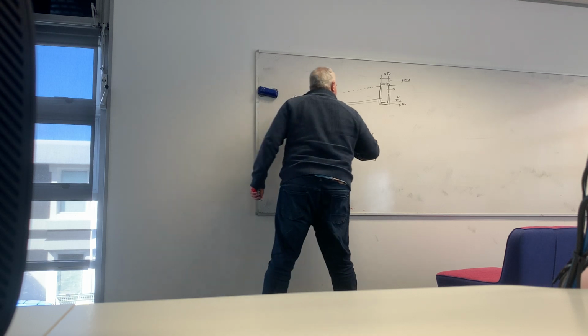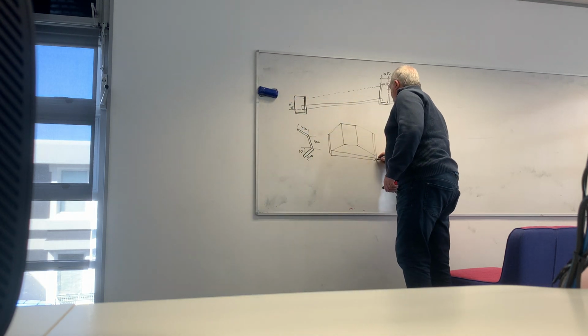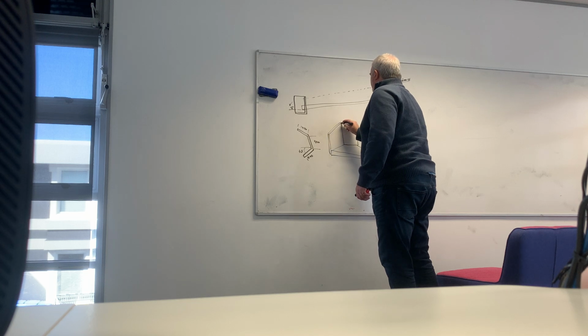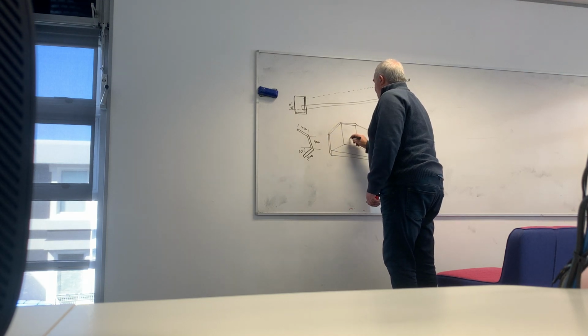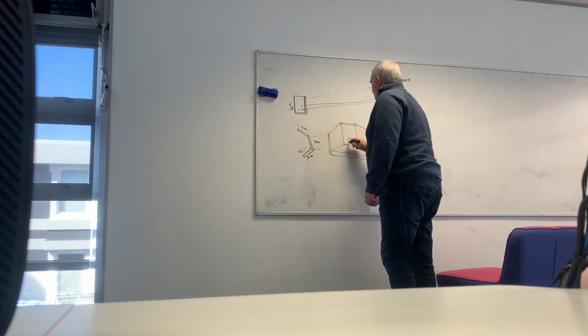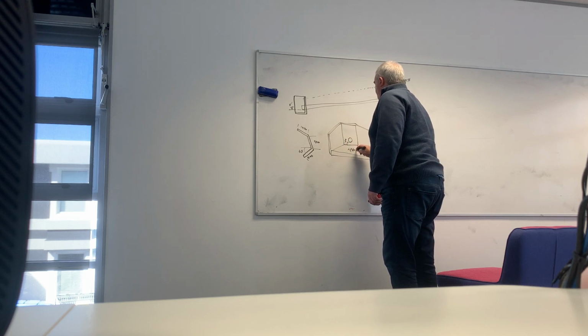Get out of the way, I'll start drawing from this side. The pipe is 100 off the apron. That is what we call the apron. These are called wing walls.